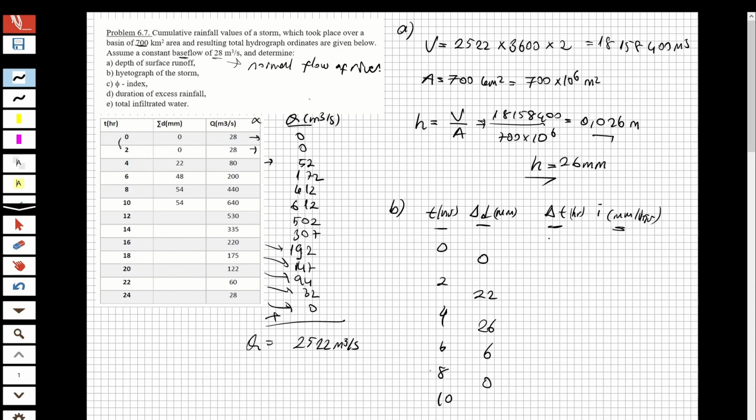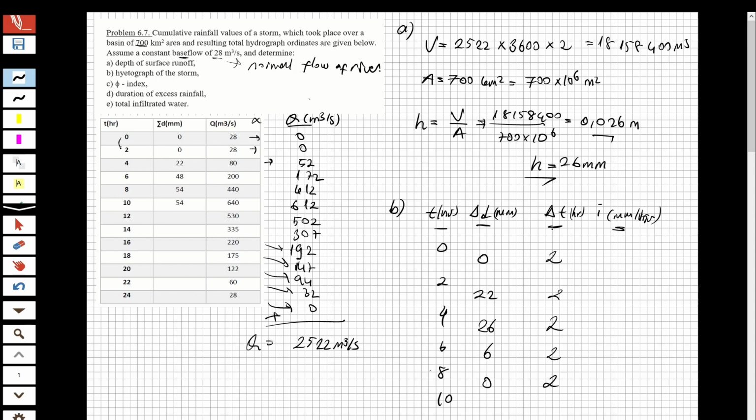Now let's write the delta T. The difference between two specific hours, between two measurements, is 2 hours. So let's write it here, 2 hours, all will be 2 hours, and 2 hours, and 2 hours, and also 2 hours.